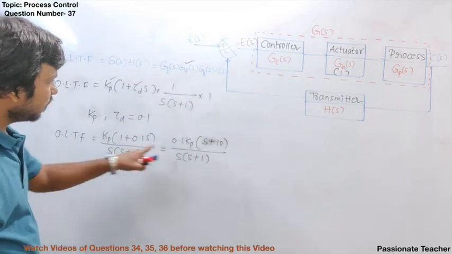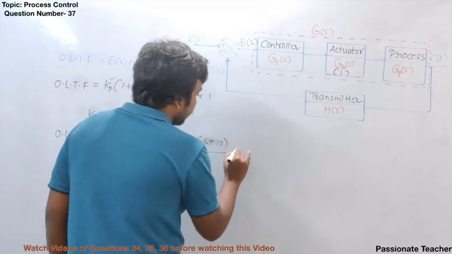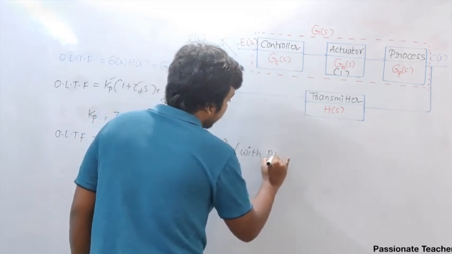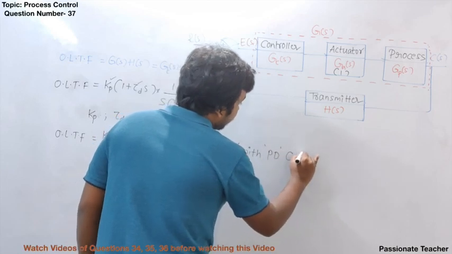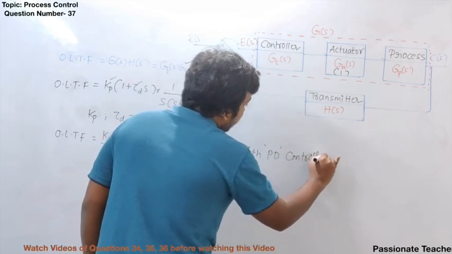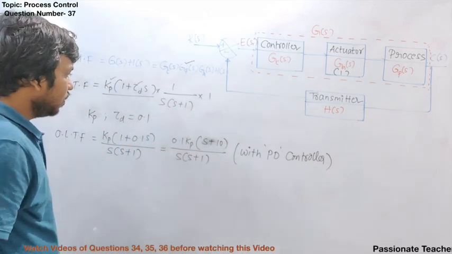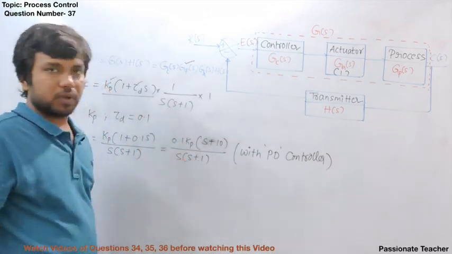So this is the open loop transfer function with the PD controller, because I already told you that the PD controller transfer function is going to be this much. So now let us see how the root locus looks for this.